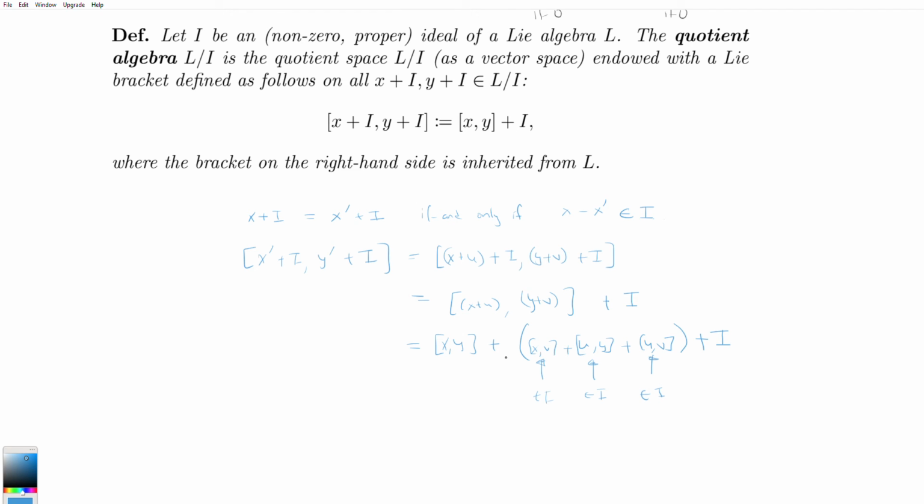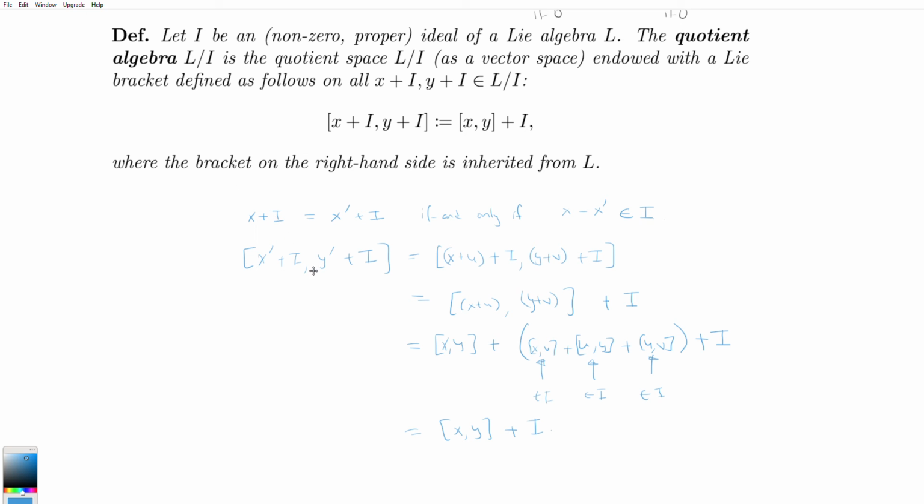So this entire sum is in the ideal, and we can suppress it into I, and say this is x bracket y plus I. And so our choice of coset representative did not matter. So this is the quotient construction, and that'll be pretty important as we go on.